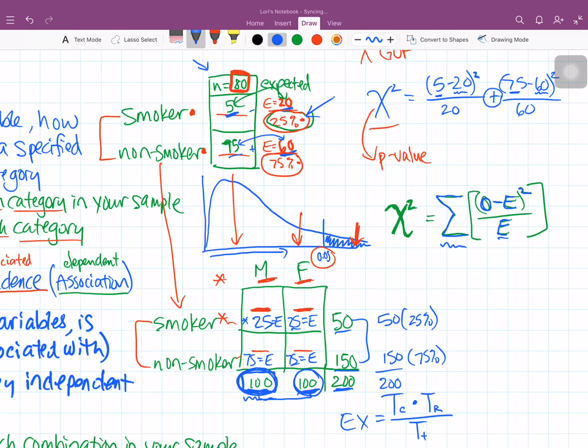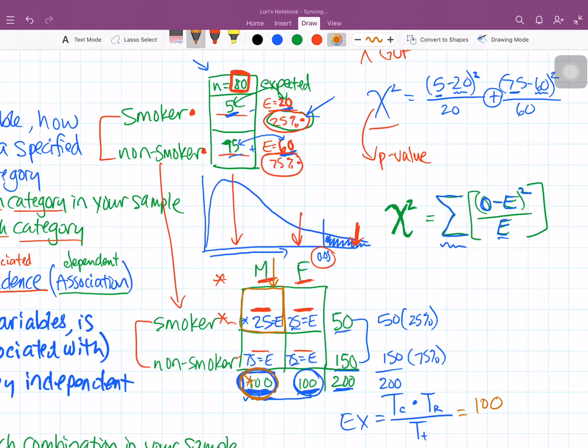So T column is the column total. And so basically in this particular case, if I'm calculating this cell right here, the column total is 100. So that would equal 100.